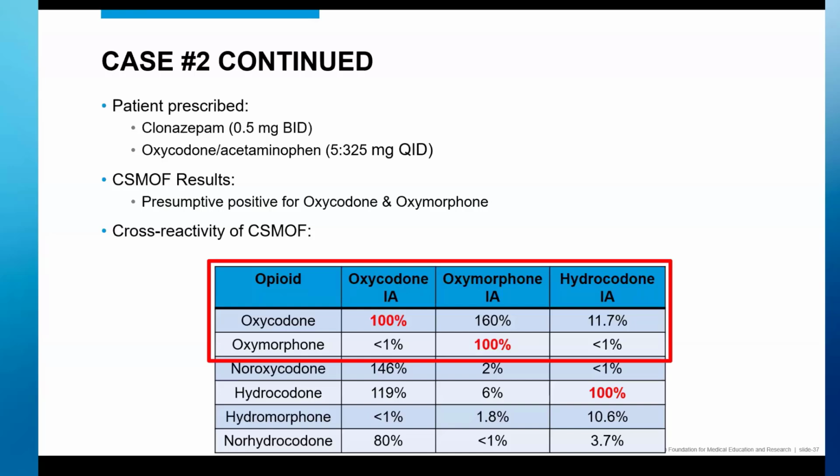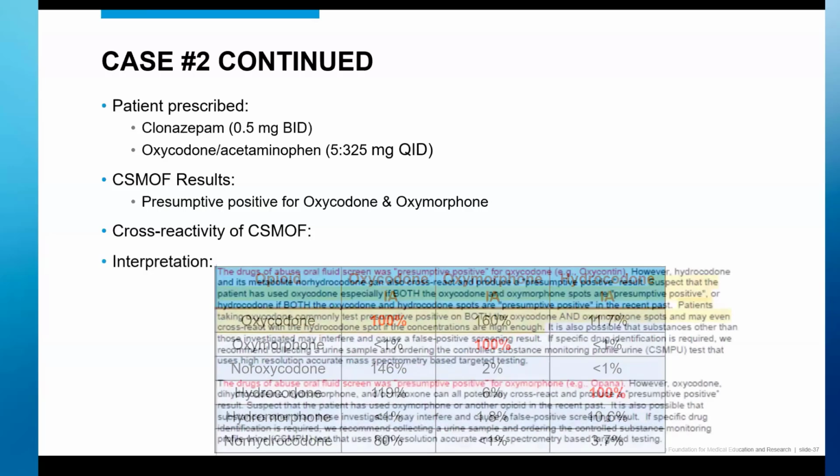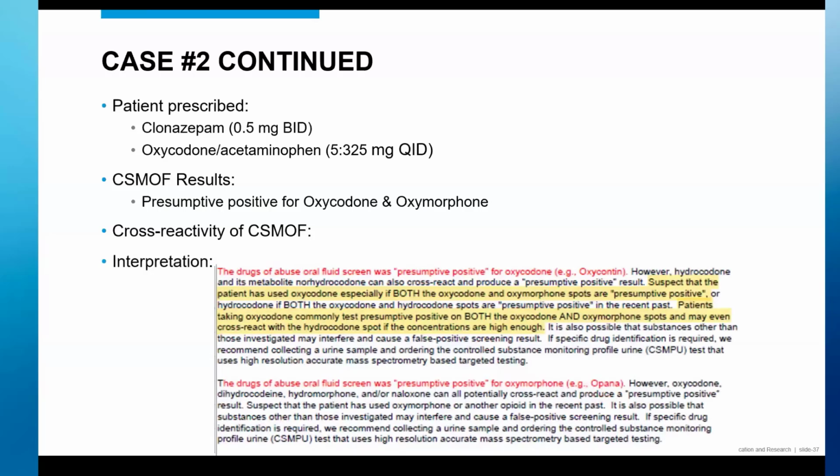Now you're going, how am I supposed to remember all of these different cross-reactivities? The good news is you don't have to. This is why we built this into the interpretation fields of our tests. In the actual interpretation fields, which do go across into people's EMR, it will say, for example, the drugs of abuse oral fluid screen was presumptive positive for oxycodone.